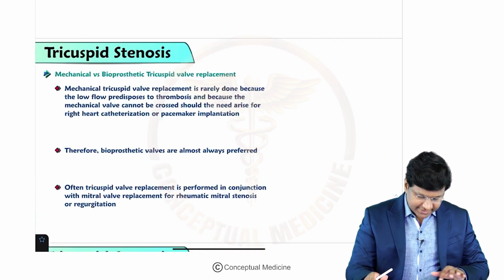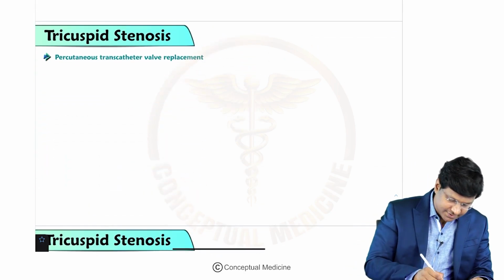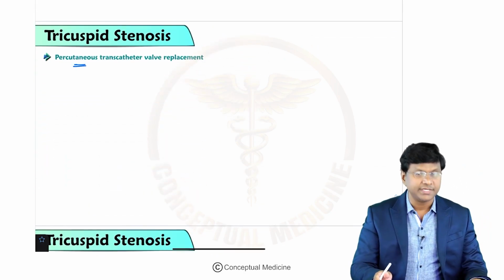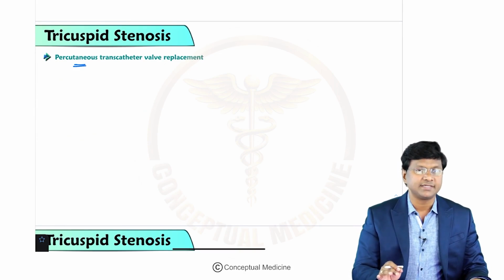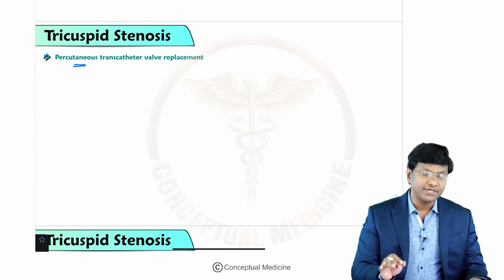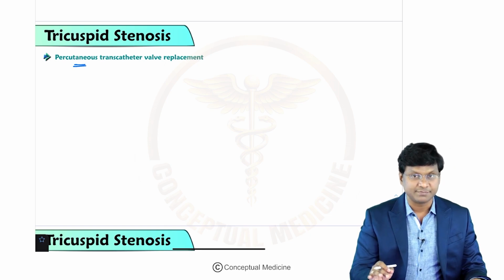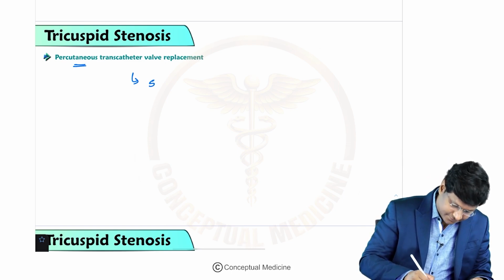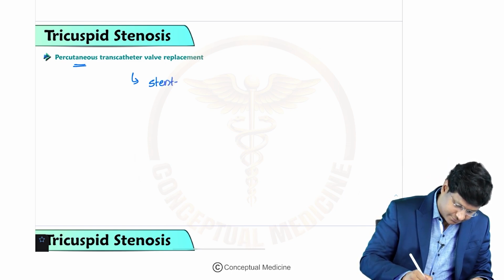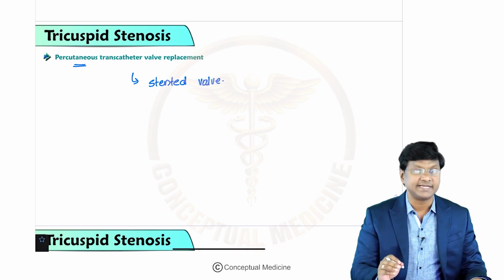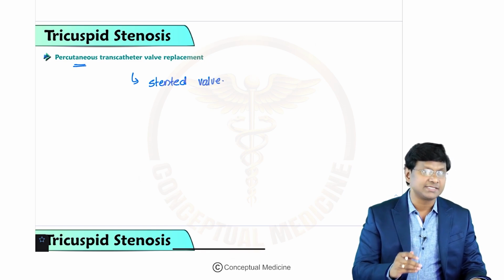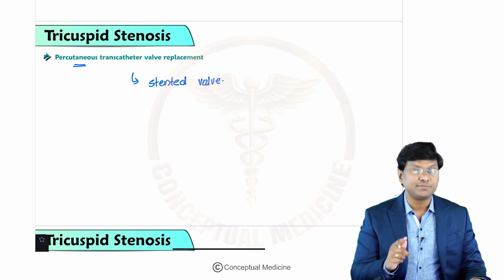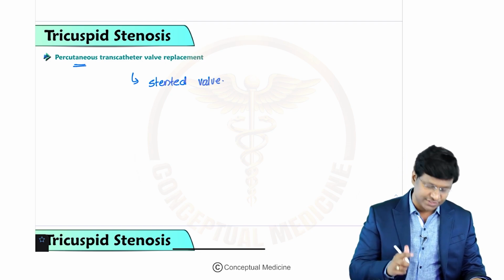Now, followed by the tricuspid valve replacement, let me discuss the percutaneous transcatheter valve replacement. This will be the stented valve. It has been used in degenerative tricuspid prosthetic valve stenosis.